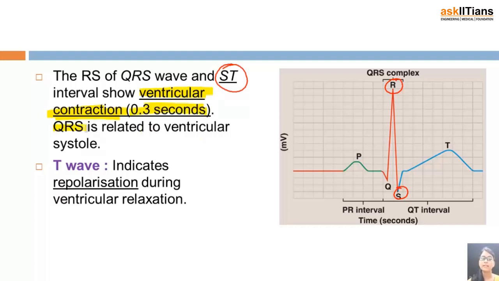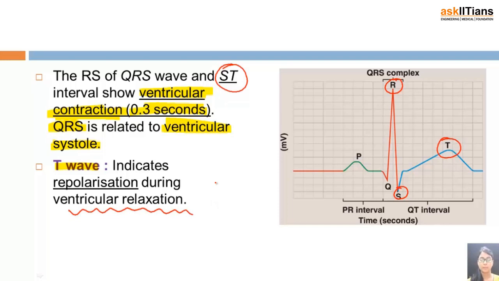So, this QRS is related to which phenomenon? This is ventricular systole. Now comes the T wave. T wave is indicating repolarization during ventricular relaxation.